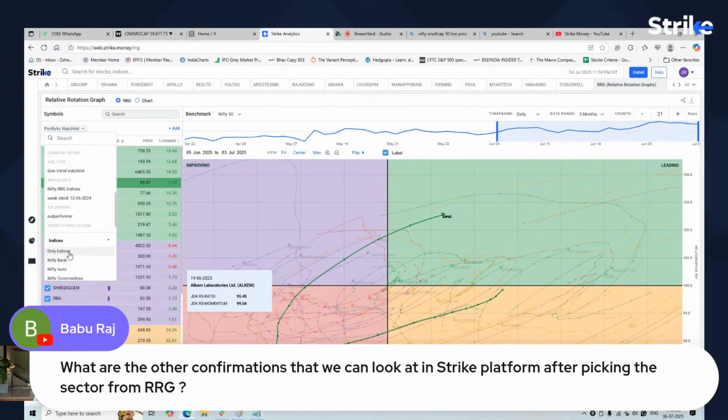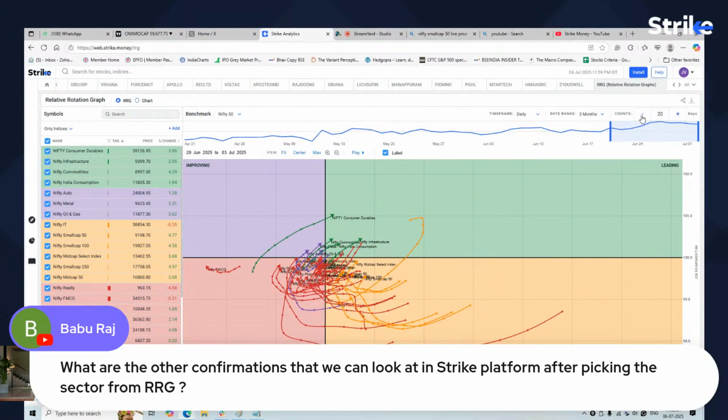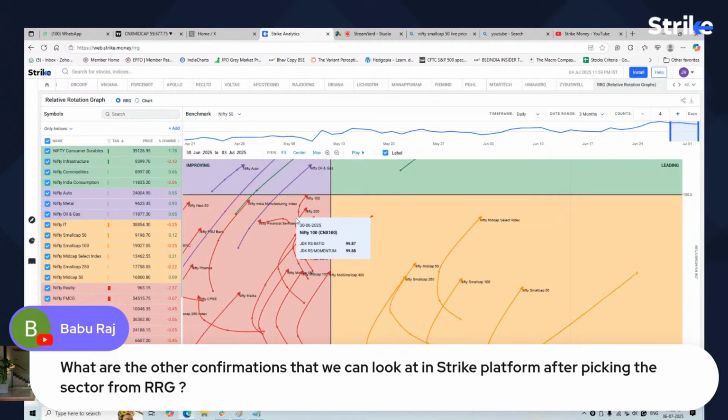Now see, what I have done is that in indices, there are actually a lot of sectors, right? Let me just reduce the count so that the chart looks clean. I selectively wanted only the sector indices, not the Nifty 100 and all.